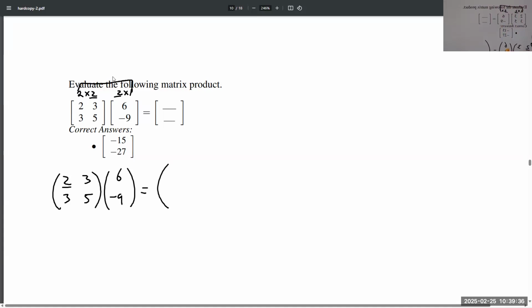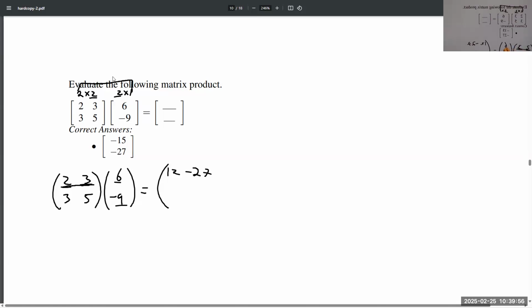So it's 2 times 6, which is 12, and then 3 times -9, which is -27. That's first row, first column.